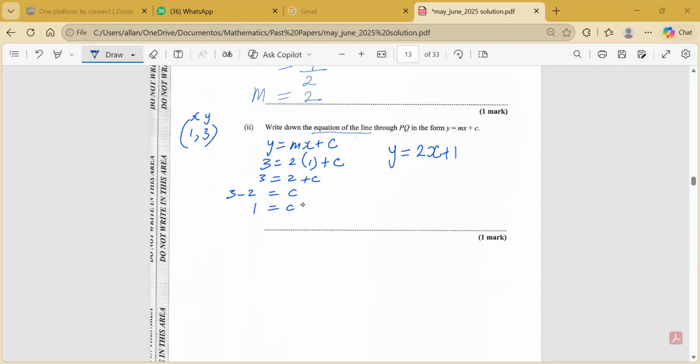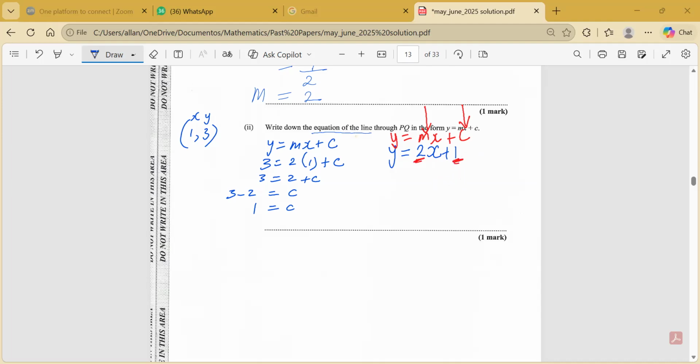So in your formula, you are substituting the general equation. So y is equal to mx plus c. So the things that you're going to change is the m and the c. Those are, so I have my 2 as m and my 1 as c.